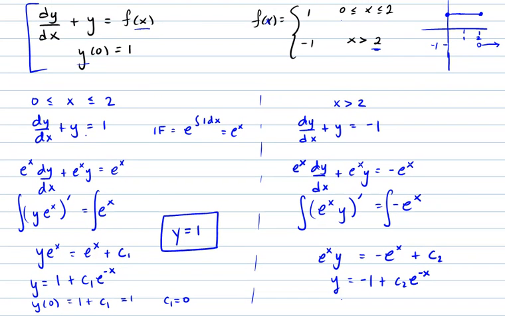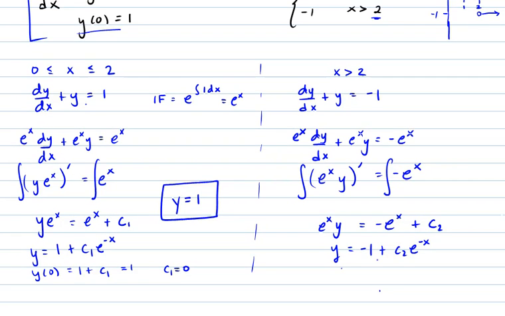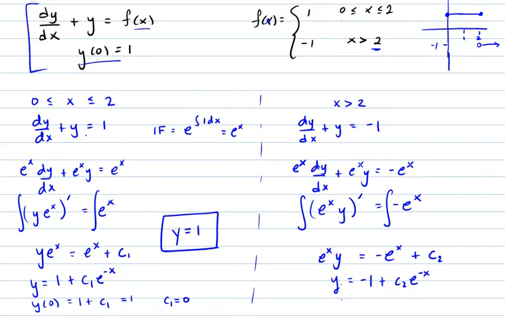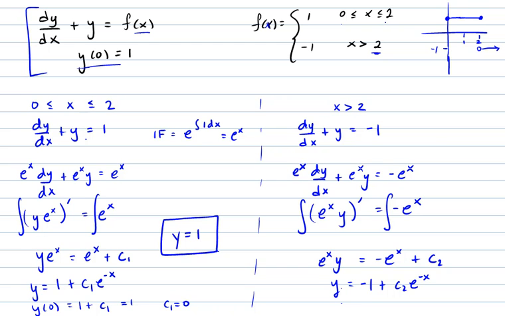To find c2, the thing is that we don't have an initial condition, because y of 0 is 1, but now x's are bigger than 2, so I cannot apply y of 0 equals 1. Instead, I'm going to make sure that these two functions are the same at the value where there's a jump, which is the value 2.